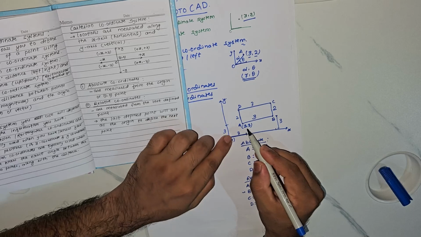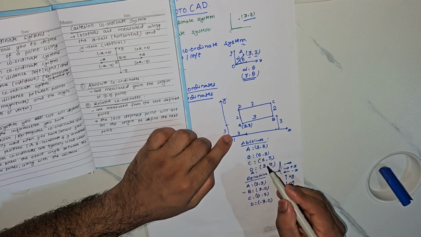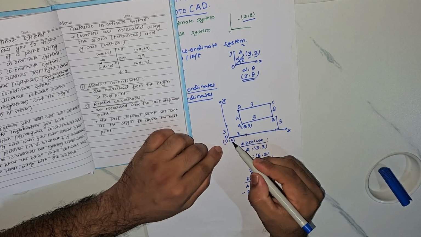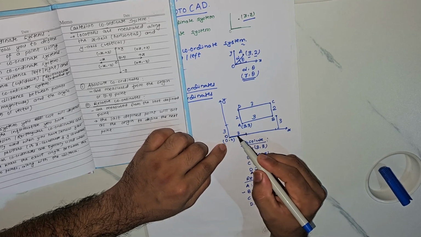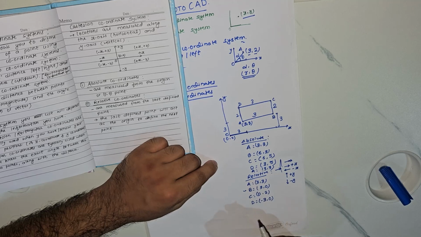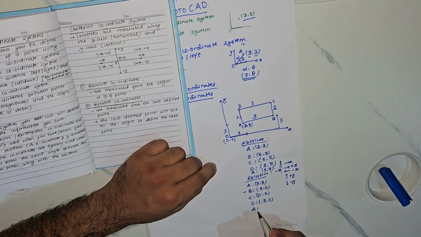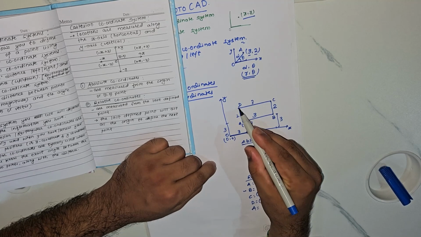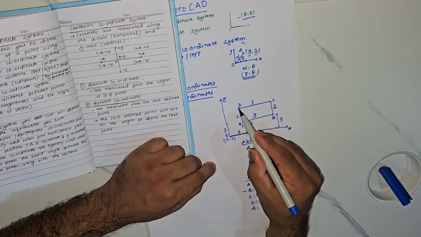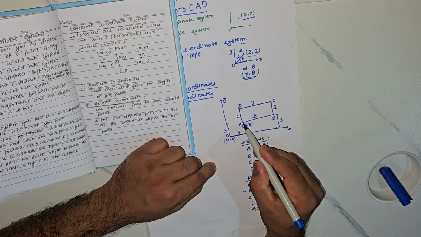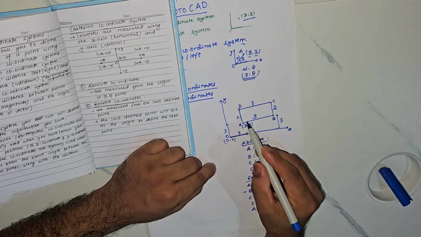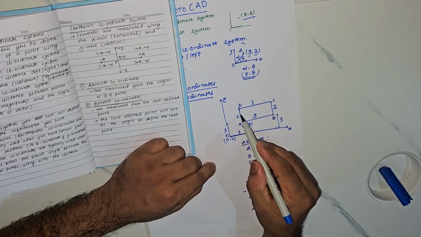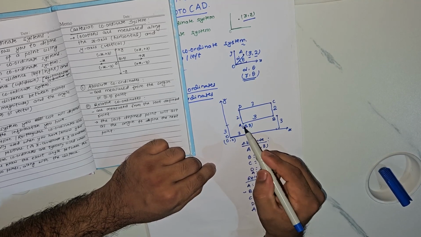Again, the coordinates of A in absolute will be the same, 3 comma 3, because it is measured from 0 comma 0, that is from the origin. But in the relative coordinate system, at the last, because we have to close the figure, the A will be measured from D, because the last defined point was D. If you measure A from D, the A point is not moving in the horizontal distance but only in the vertical distance, in the downward direction.